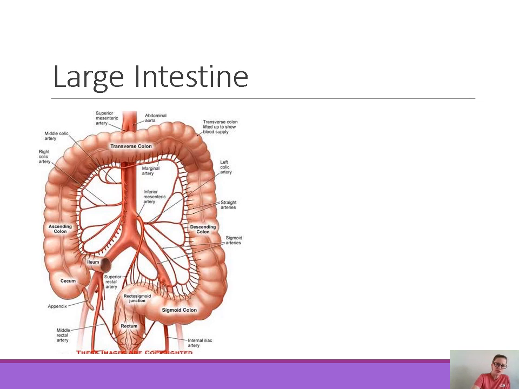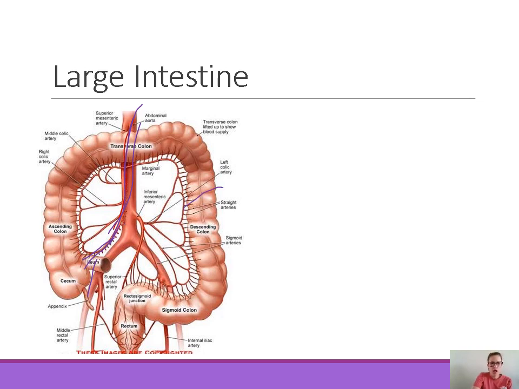You can see the superior mesenteric artery coming down from the abdominal aorta, and then down we have our ileocolic artery, which we already looked at, that goes to the ileum and the cecum and the appendix. And then after that, we have our other colic branches that extend out to the ascending colon and the transverse colon.